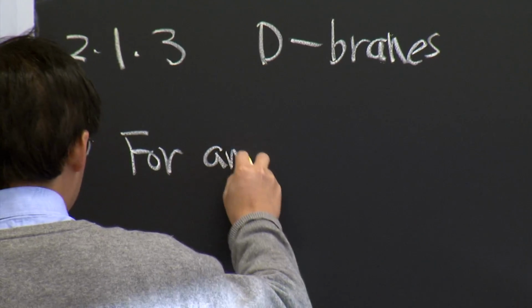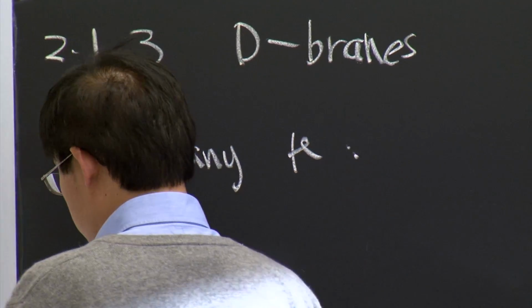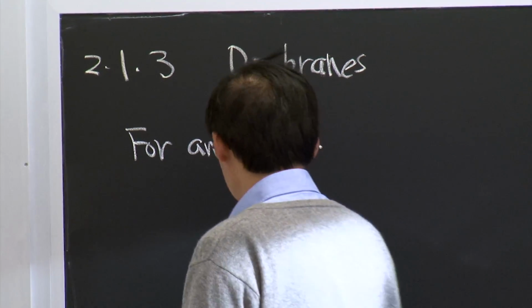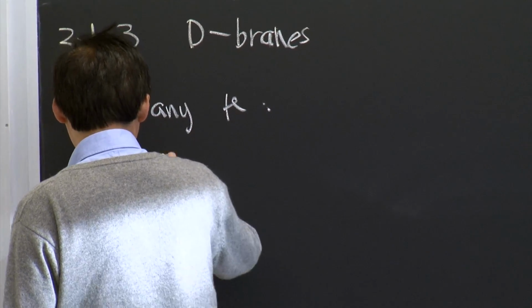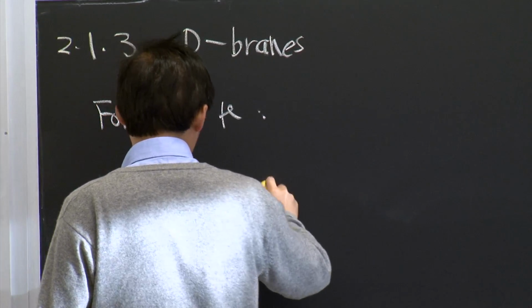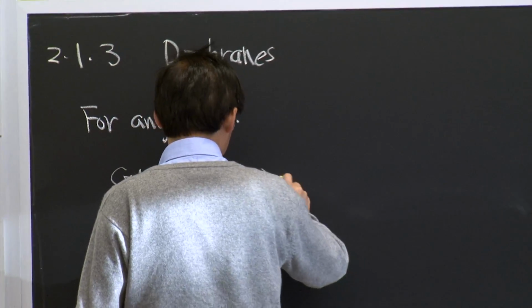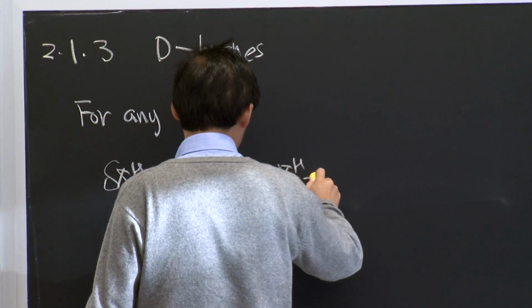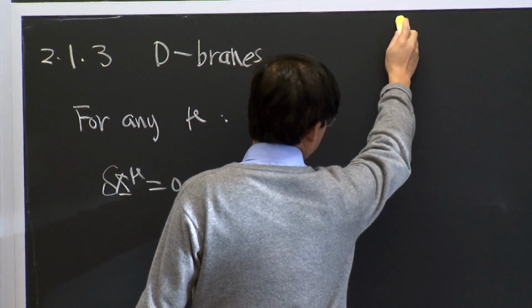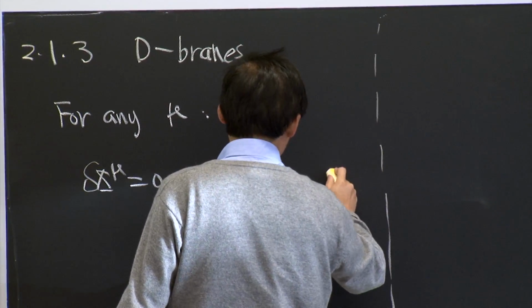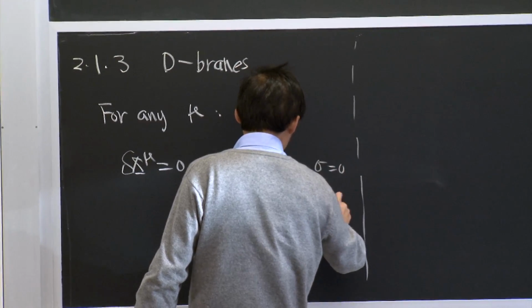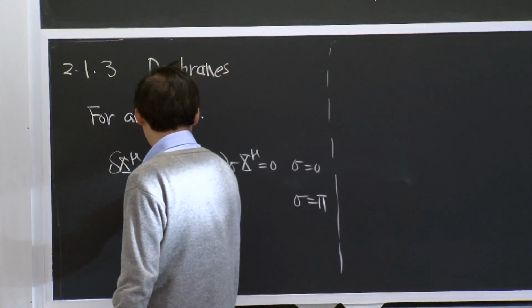for any mu, you have a choice of boundary conditions. You can choose delta x mu equal to 0, or partial sigma x mu equal to 0, at sigma equal to 0. And you have similar choices at sigma equal to pi.